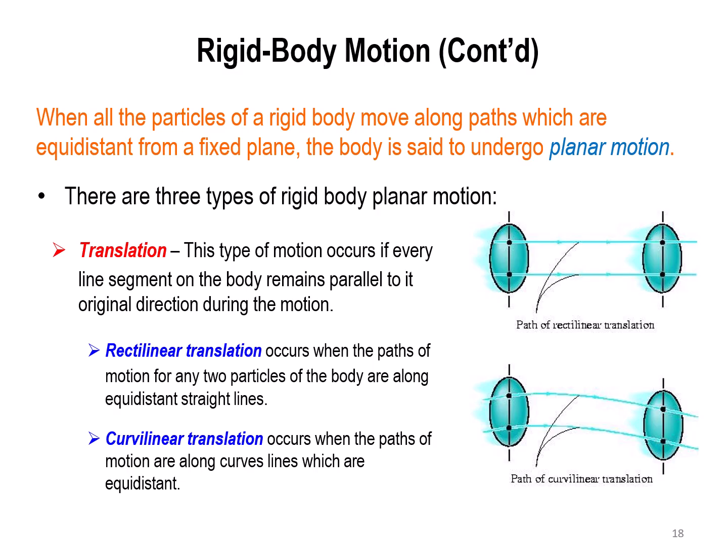Curvilinear translation occurs when the paths of motion are along equidistant curved lines. So that's what we have in the rectilinear, and that's what we have in the curvilinear.